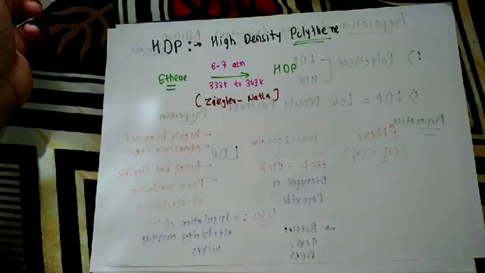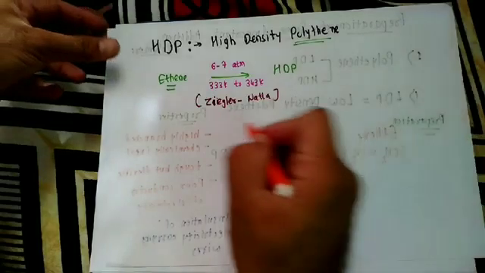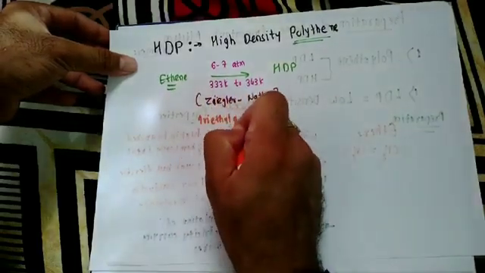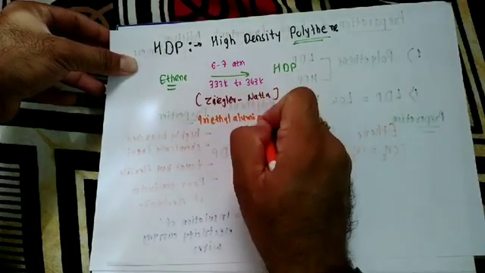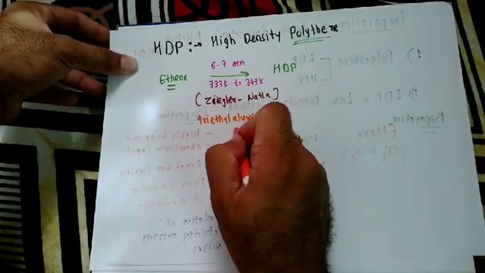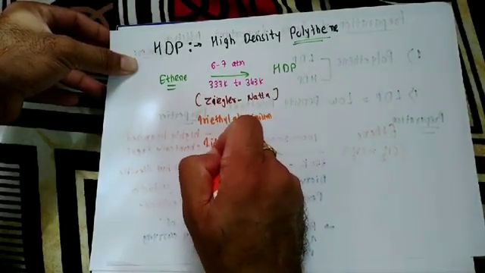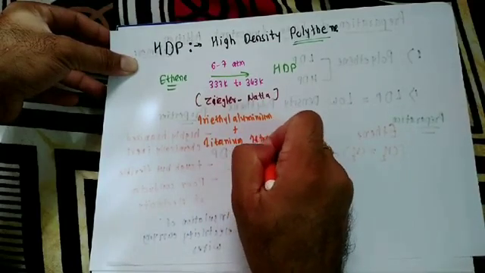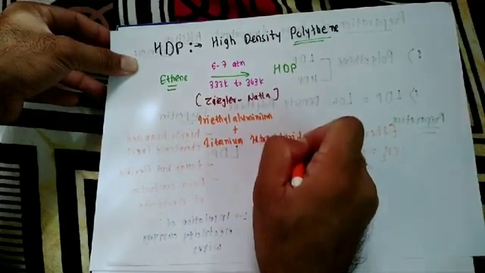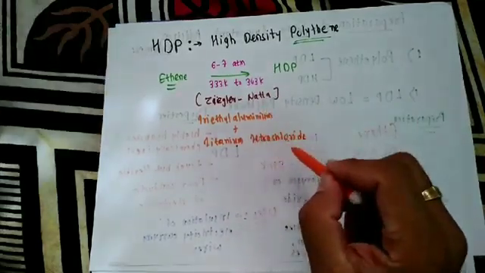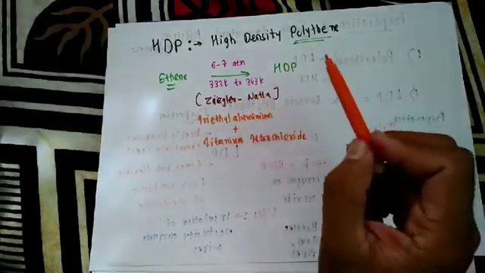What is the chemical composition of Ziegler-Natta catalyst? It is triethyl aluminum plus titanium tetrachloride. The combination of triethyl aluminum and titanium tetrachloride is known as Ziegler-Natta catalyst.